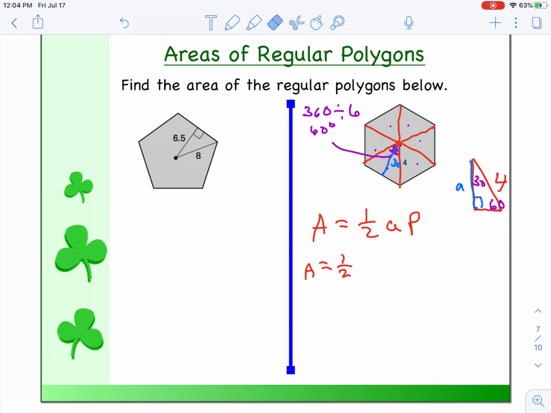So now, if you think about this triangle, it's a 30-60-90 degree triangle. I can use the relationships that I know, or you could use sine, cosine, and tangent, but I'm going to use the ratios that I already know, where this side is x, this side is 2x, and this side is x root 3.